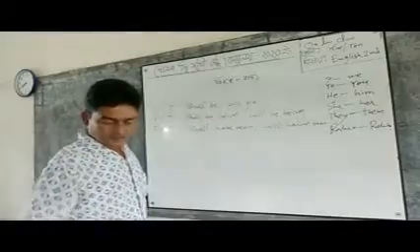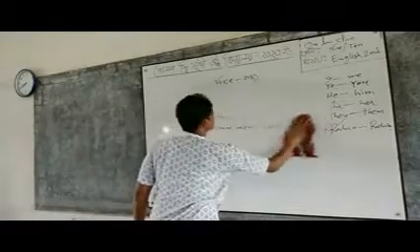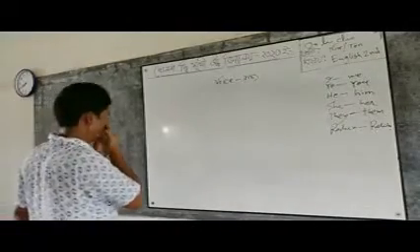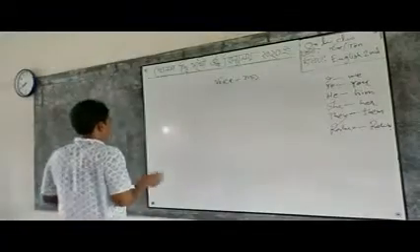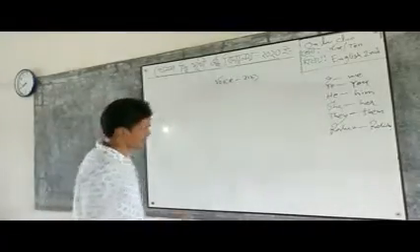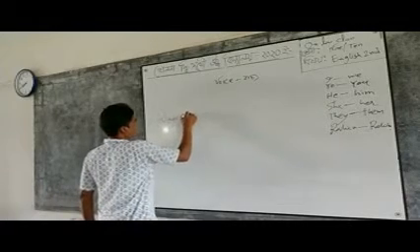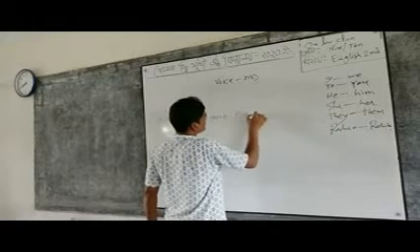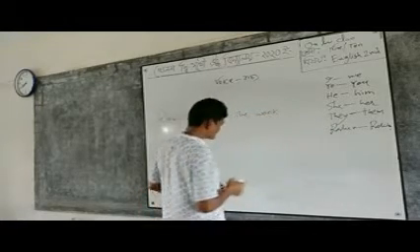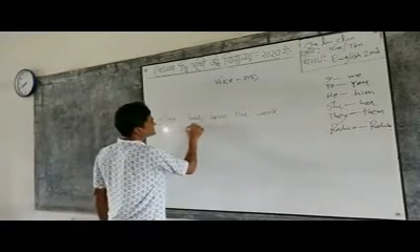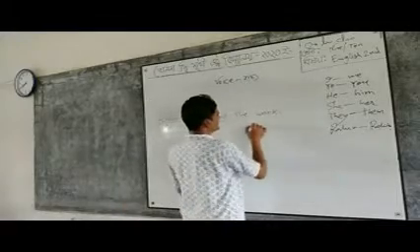Okay. Now let's go to another example for changing voice. Rina has done the work. Here, Rina is the subject, has done is a verb, and the work is an object.